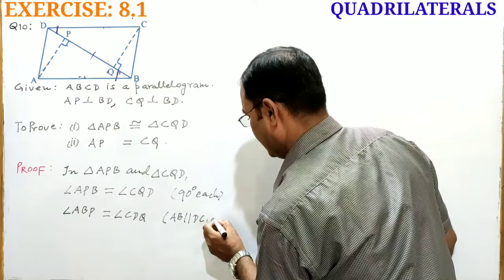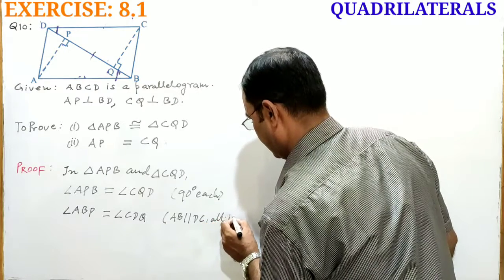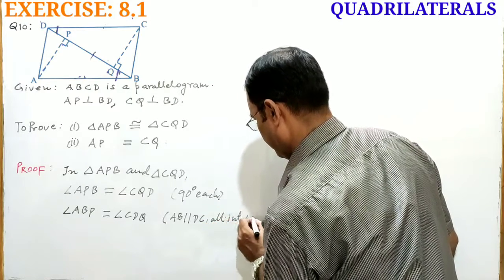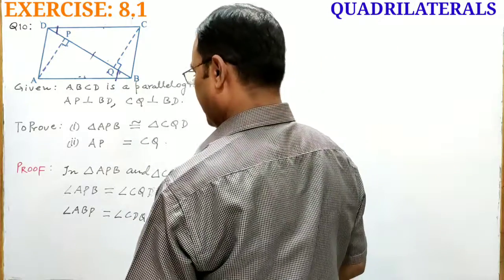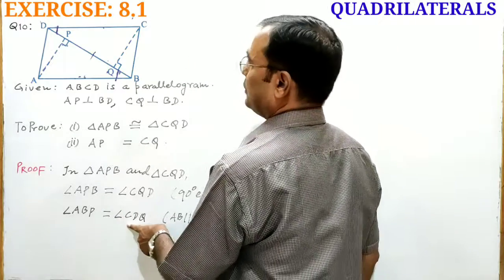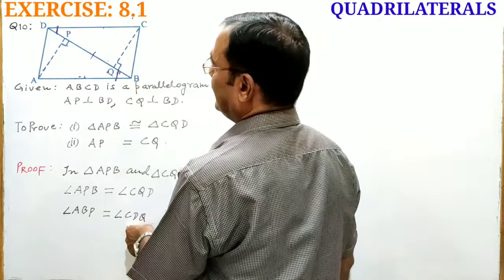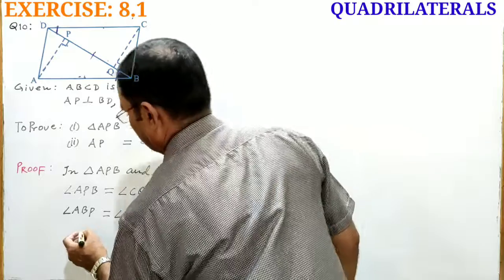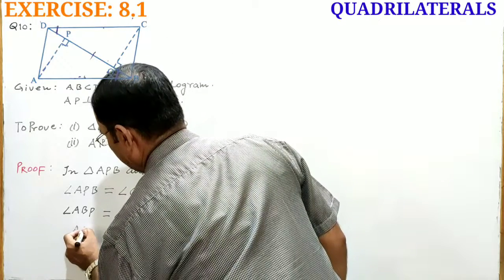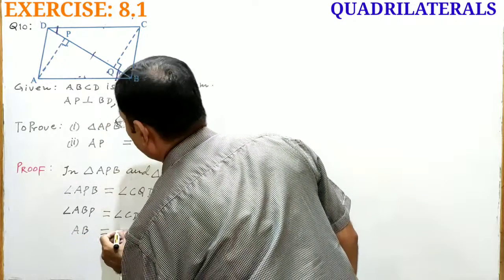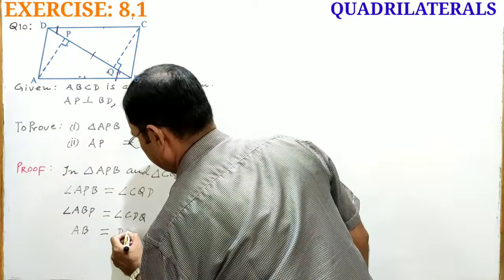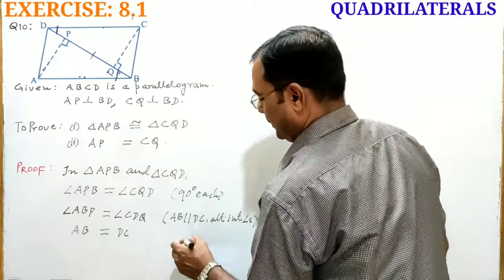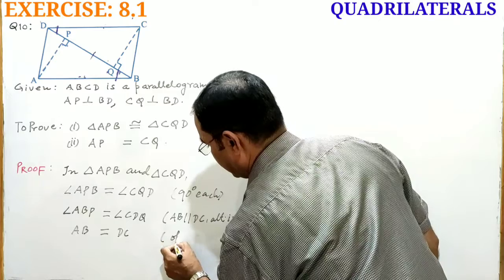So being alternate interior angles, angle ABP is equal to angle CDQ. AB is equal to DC. Opposite sides of parallelogram ABCD.